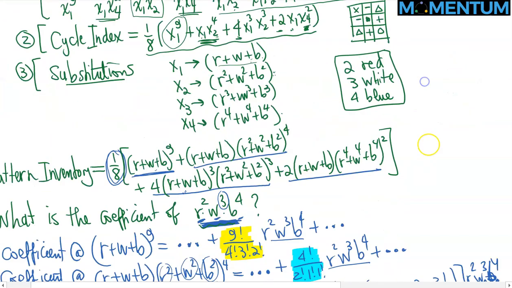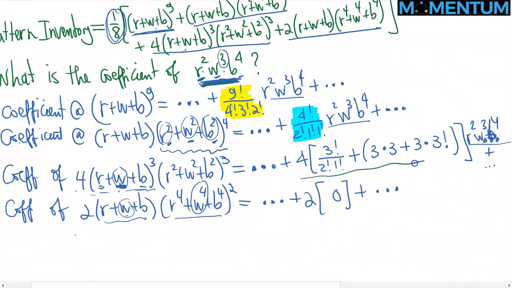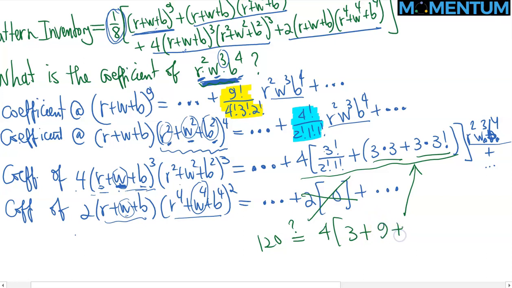That remaining piece had better be 120. If not, we messed up this count, and I need to do it again. So is this 120? Because this one is just 0, so 4 times, we have 3 to 1, 2, 1, so this is just a 3 plus 3 times 3 plus 3 times 3 factorial. Okay, I'm not sure about this. 9 plus 3 factorial. Yeah, that's not going to work.